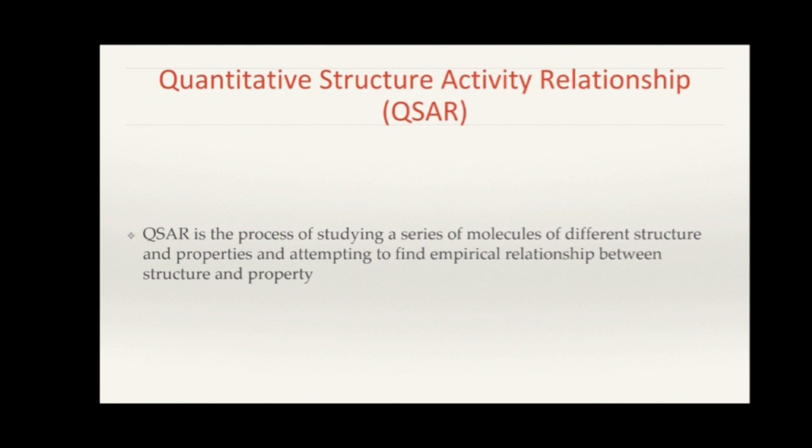QSAR methods are based on the assumption that the structure of a molecule must contain the features that are responsible for its physical, chemical, and biological activities. This method is defined as the process that quantitatively correlates structural and molecular properties, which we call descriptors, with functions like physicochemical properties, biological activities, and toxicity, etc.